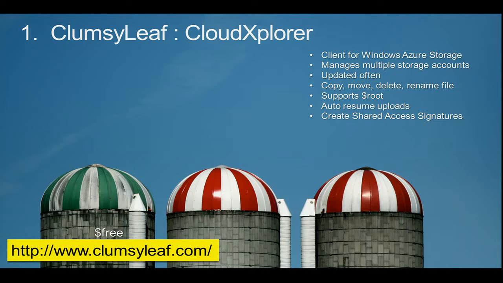It supports something called $root, and if I create a container called $root, it's basically an invisible container. A normal blob URL has the storage account name, so let's say Fluffy Kitten Weapons was the name of our company: weaponproductimages.blob.core.windows.net / the container name, product images / image.jpg.